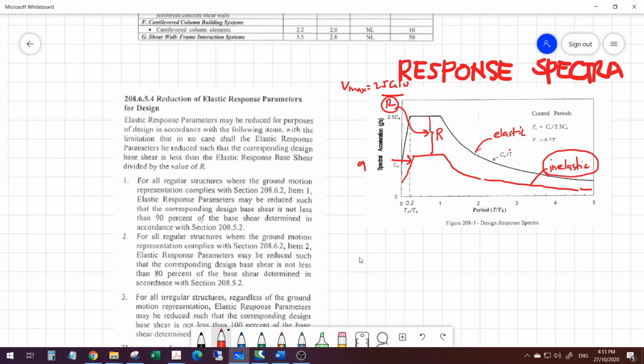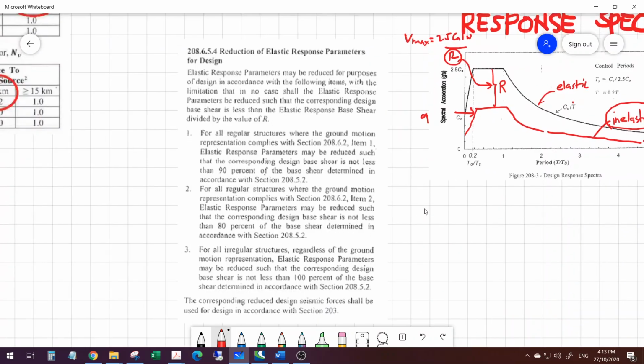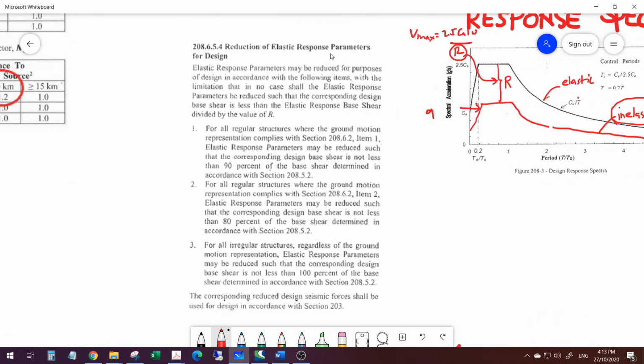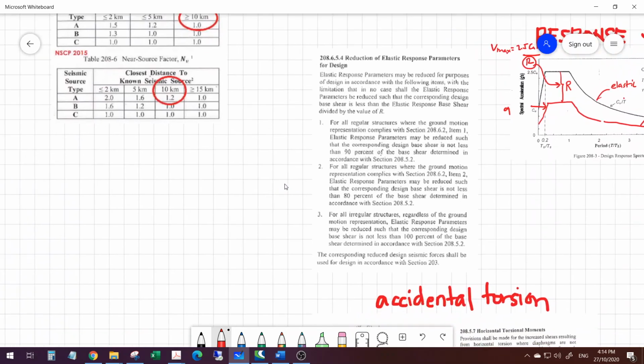So this explains the reduction of the elastic response spectra. If you read 208.6.5.4, I think this is 2010, it allows the corresponding design base shear to be less than the elastic response. So this is the elastic response divided by the value of R. So we are reducing the response spectra by the value of R.